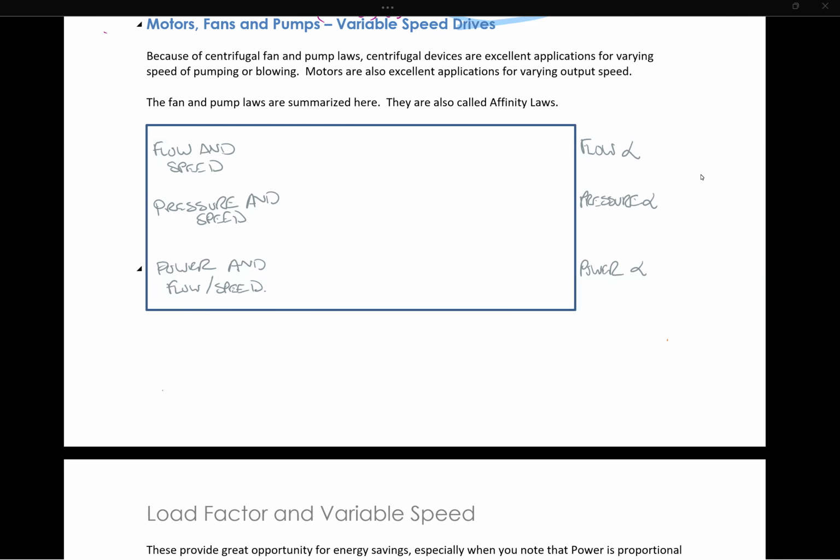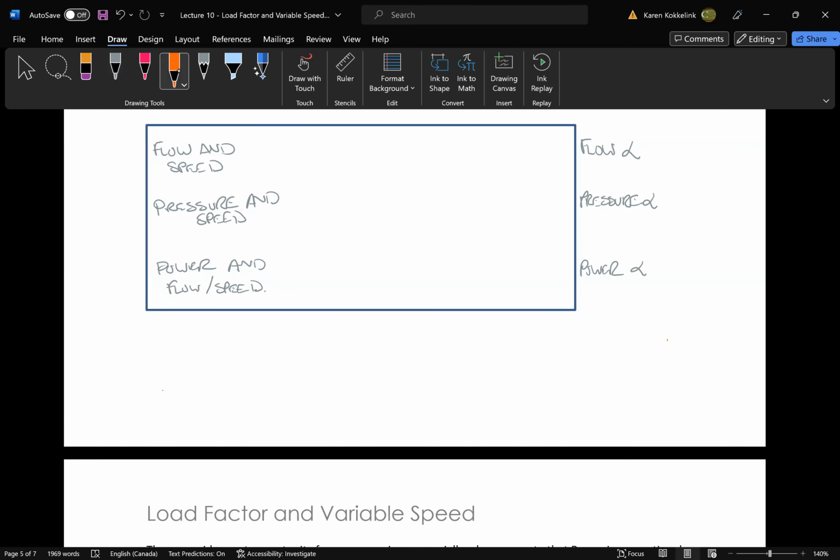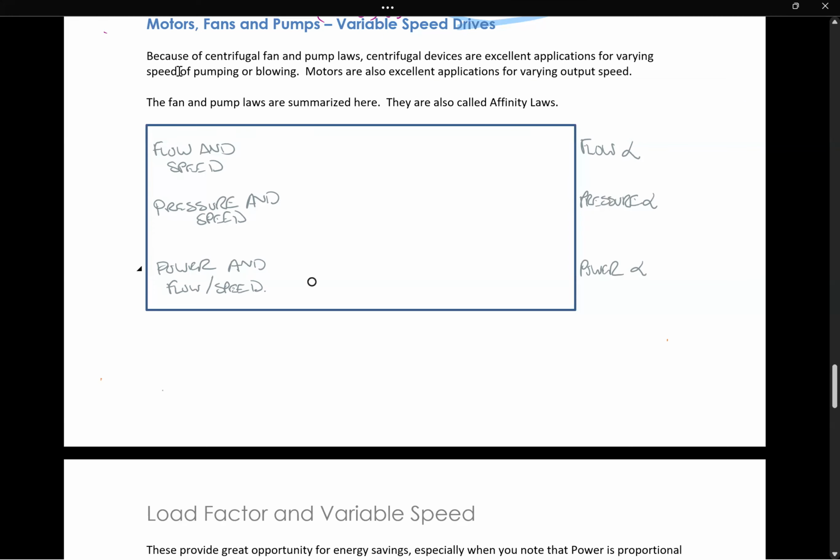Motors, fans, and pumps have another energy management opportunity to consider. And that's the fact that the amount of energy they consume is directly proportional to some interesting things that we pay them to do. So when we look at motors, fans, and pumps, we are talking about devices that rotate, right?